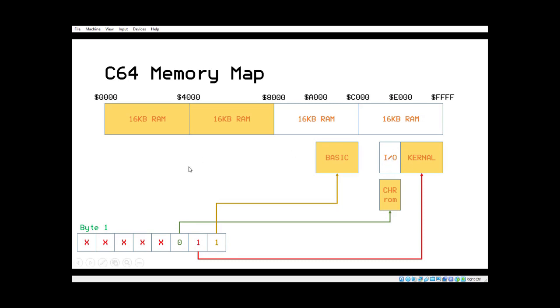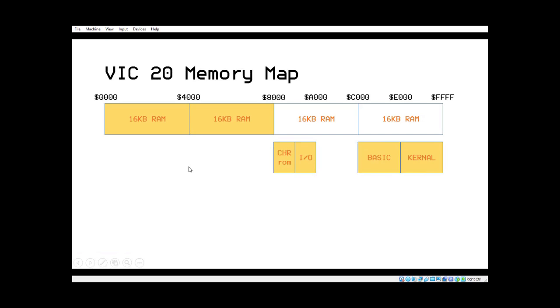Now, if we're doing it on the VIC, that's a completely different animal. The VIC has up to 32k of RAM. The character ROM starts at 8000, and the input output chips start at, I think, 9000, and then basic starts at C000 and kernel E000, I think.